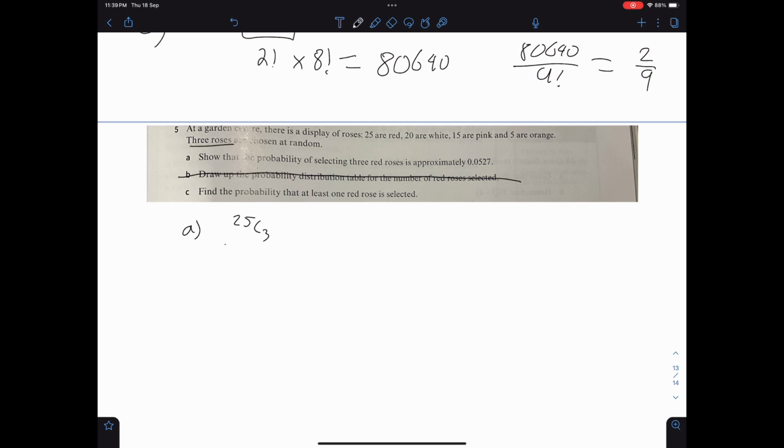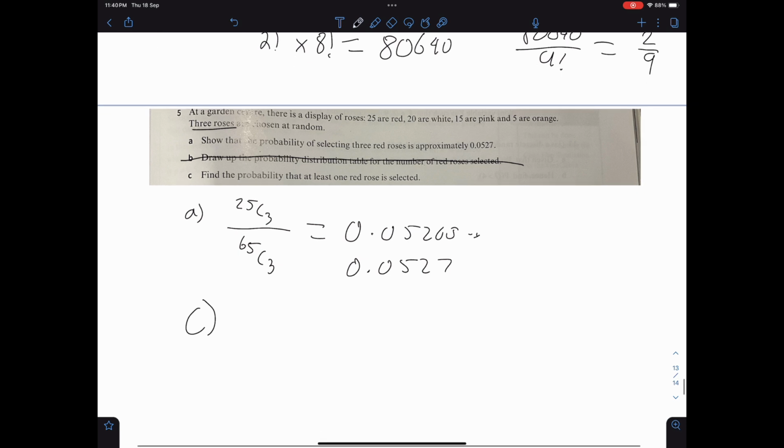And we only need to select 3, so we don't need to worry about the others. Okay, and now we figure out how many there actually are. 25 plus 20 plus 15 plus 5, so it's 65. And then that will round to 0.05265 and then goes on, so that's 0.527.